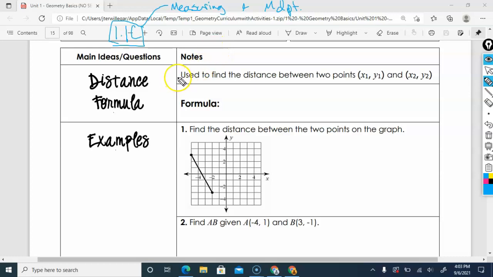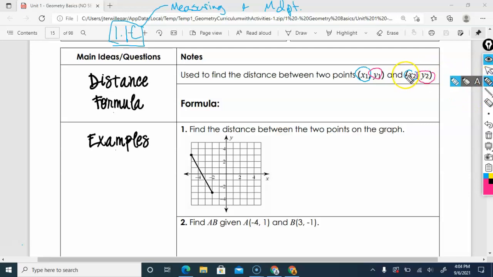The first thing we want to talk about is how do we find the distance between 2 points on the coordinate plane? I'm so happy that you asked. Given the points x1 and x2 and y1 and y2, find the distance between them.